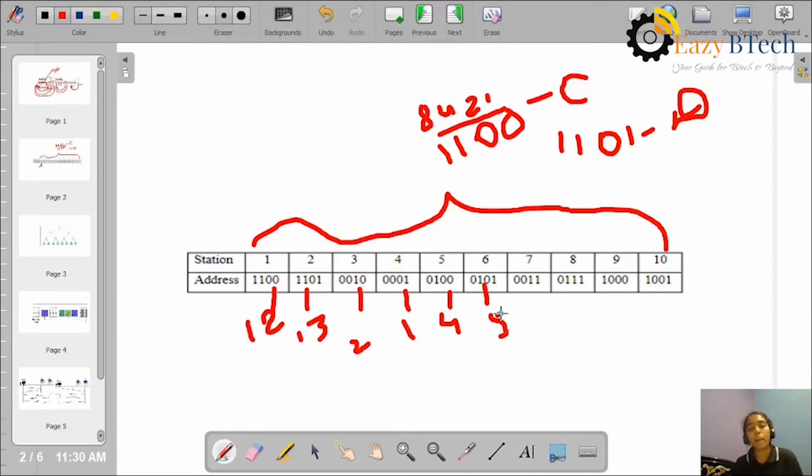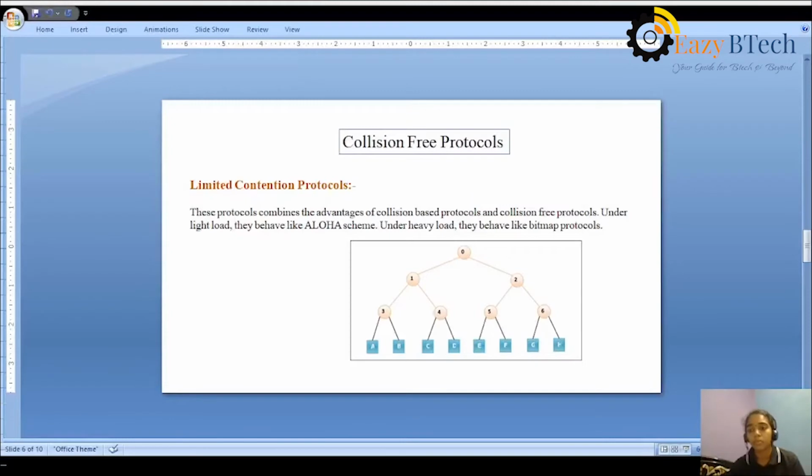After one station completes, it checks again which of the remaining stations has the highest address and priority, and then the second highest priority station is allocated the channel. Okay, so this is another collision free protocol, binary countdown, and we have a third.